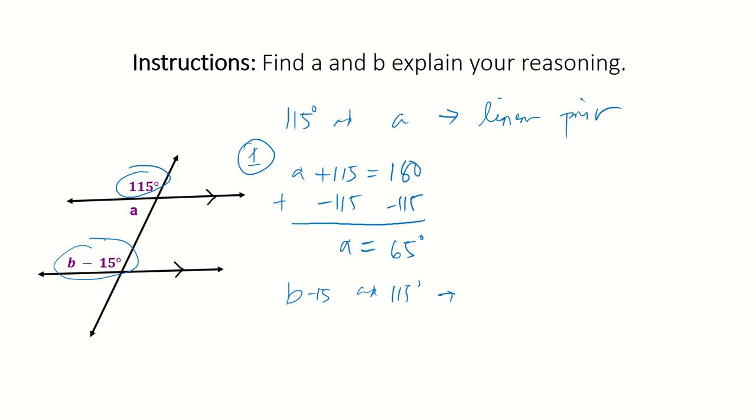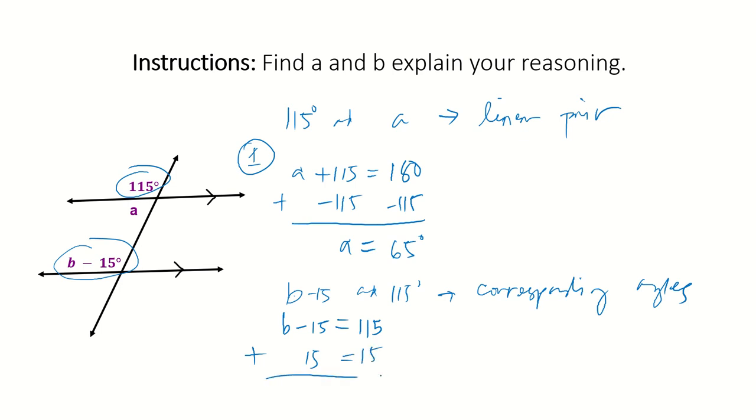Then one is interior, one is exterior, and they're both on the same side of the transversal. So in other words, these are corresponding angles. So B minus 15 must be equal to 115 because they're expected to be equal. So add 15 on both sides. So B is 130.